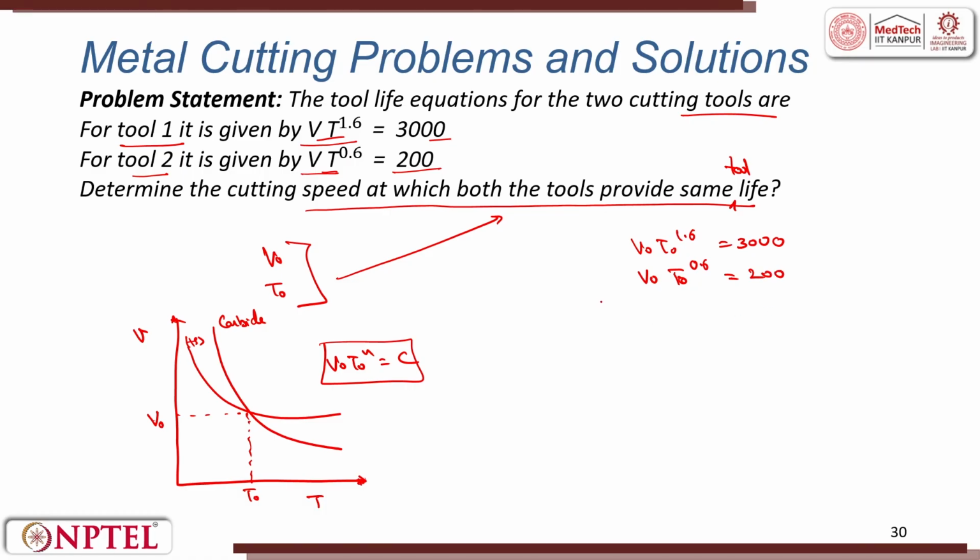If I take logs on both sides, I get log of V naught plus 1.6 into log of T naught is equal to log of 3000.